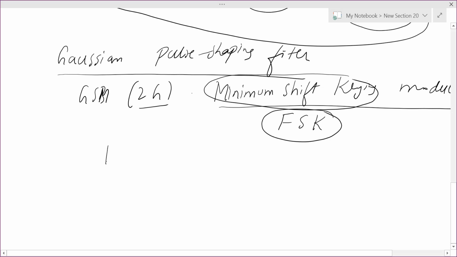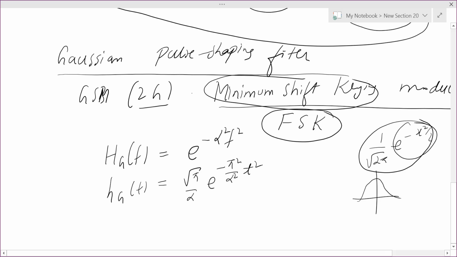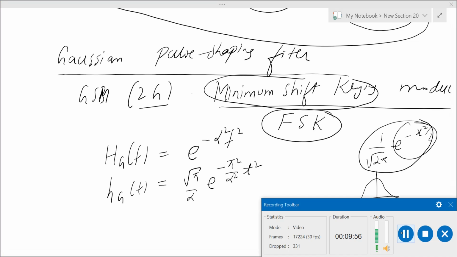The filter response is given by a Gaussian kernel, that is e to the power minus alpha squared f squared. Since the Gaussian distribution looks like a bell shape, for that reason it's called a Gaussian filter, and its time domain response is hg of t equal to square root of pi over alpha, e to the power minus pi squared by alpha squared t squared.